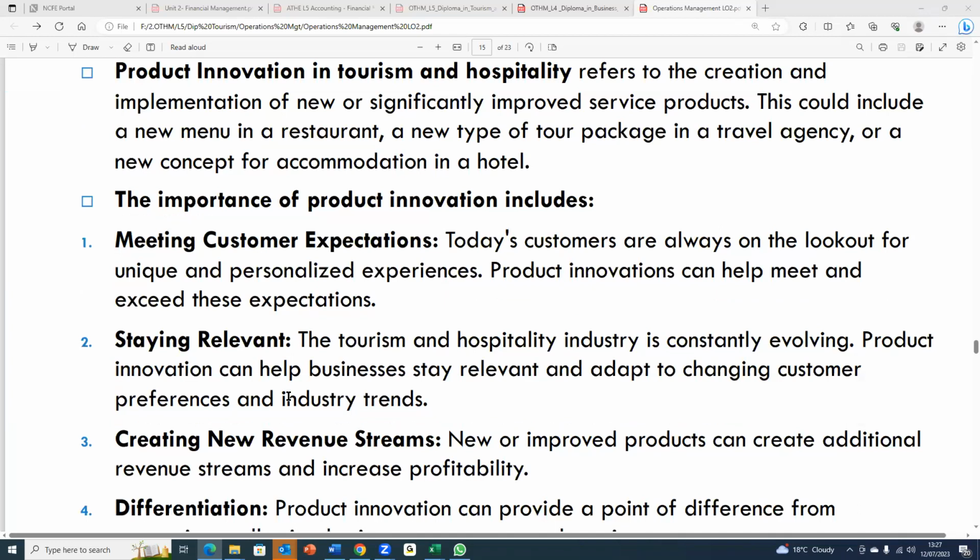Since a lot of people are involved all the time, the tourism industry is constantly changing because it involves people contact.